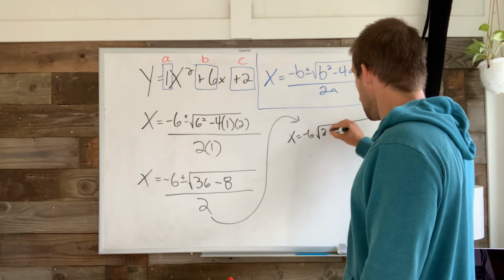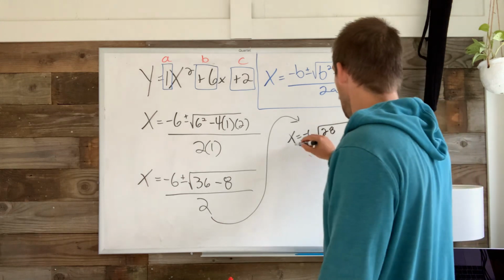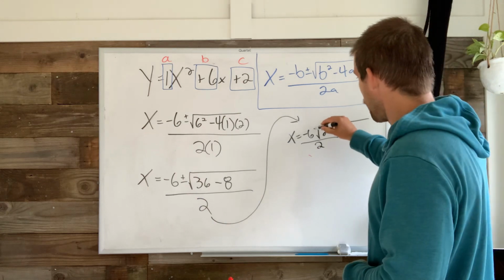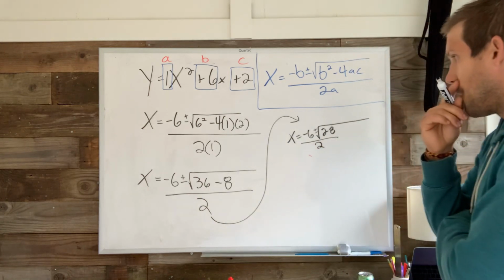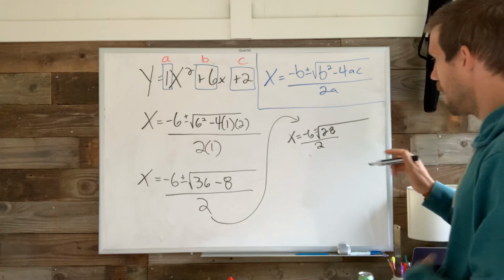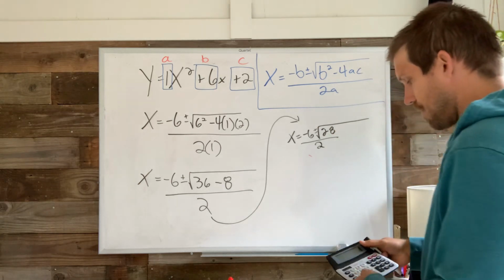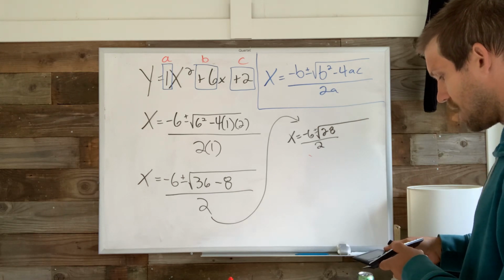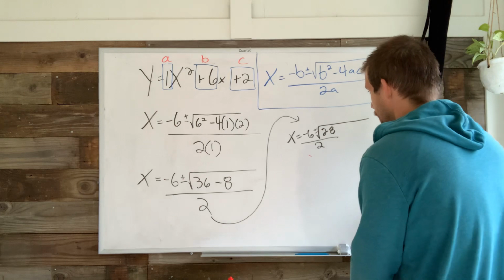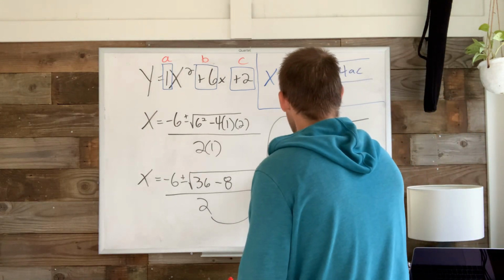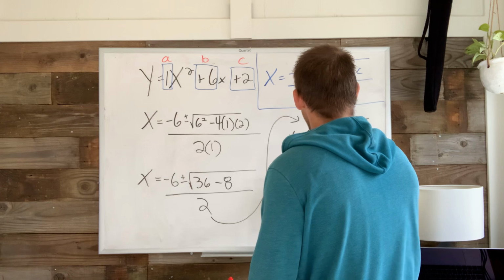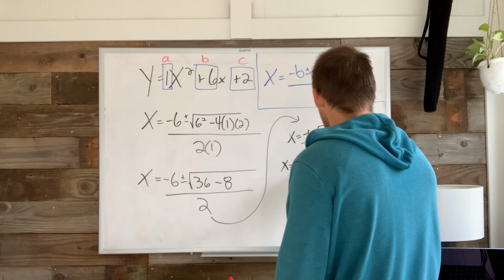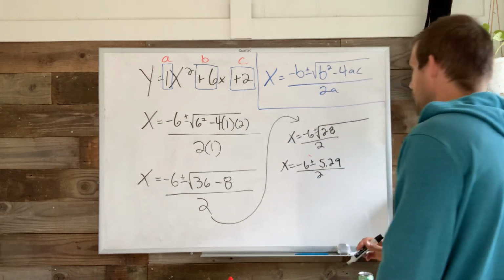We have 28, all divided by 2. I'm sorry, I forgot my plus or minus. Okay, one last step here. This is where you'll typically need a calculator to find the square root of 28, which in this case is 5.29. So we'll say x equals negative 6 plus or minus 5.29 divided by 2.